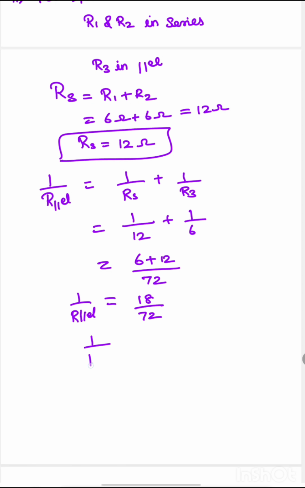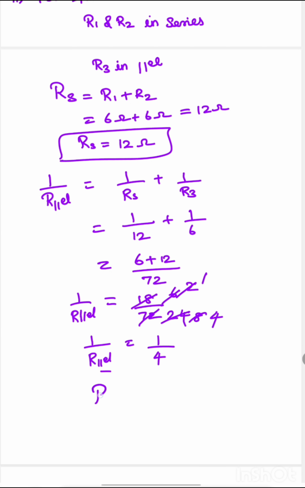Cancelling, 6 3s are 18, 3 is 6, 18 is 72, so 1 by 4.